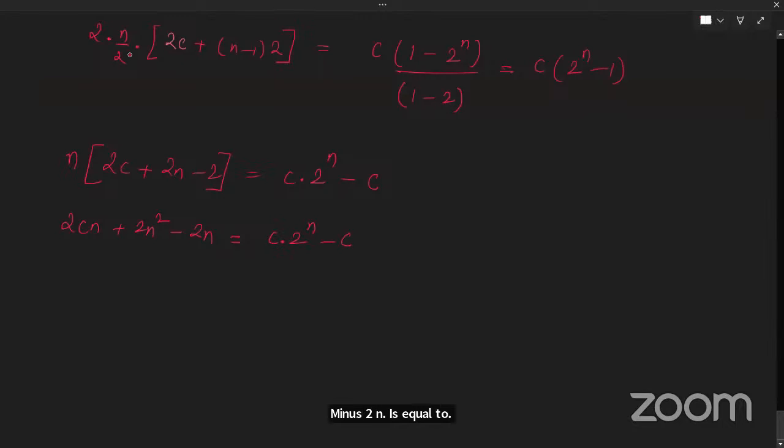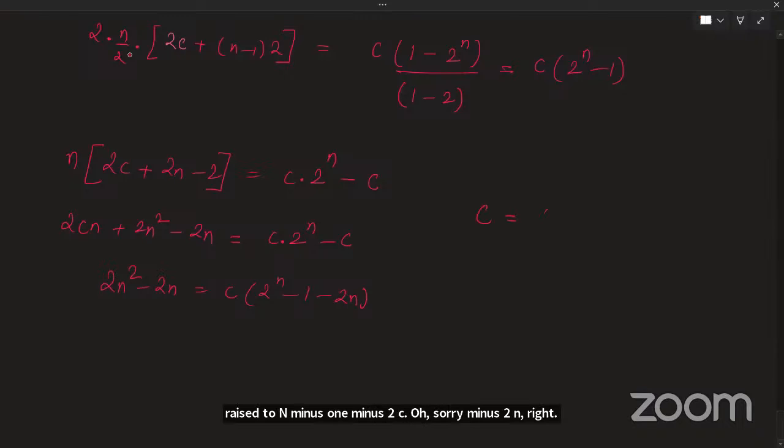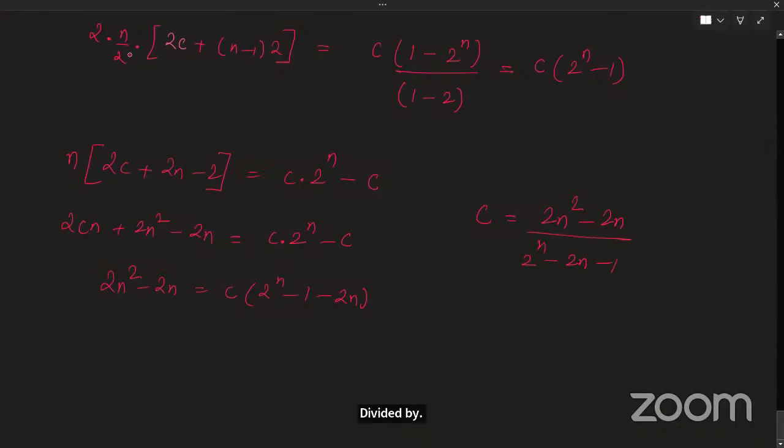I will take c one side and n one side. So it is 2n square minus 2n is equal to c into 2 raised to n minus 1 minus 2n. In other words, my c is coming out to be 2n square minus 2n divided by 2 raised to n minus 2n minus 1. Fine.